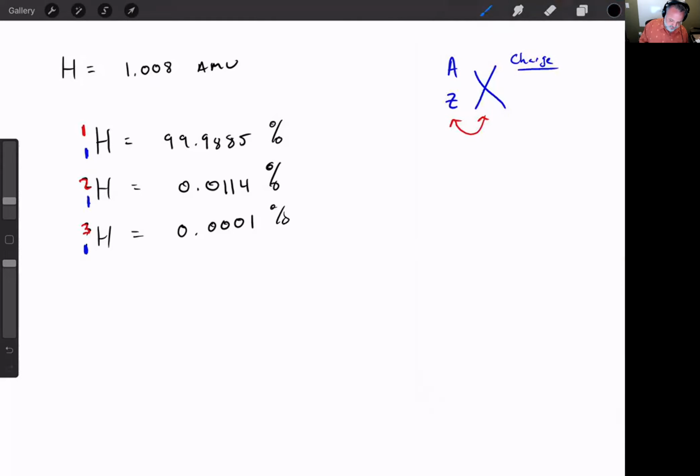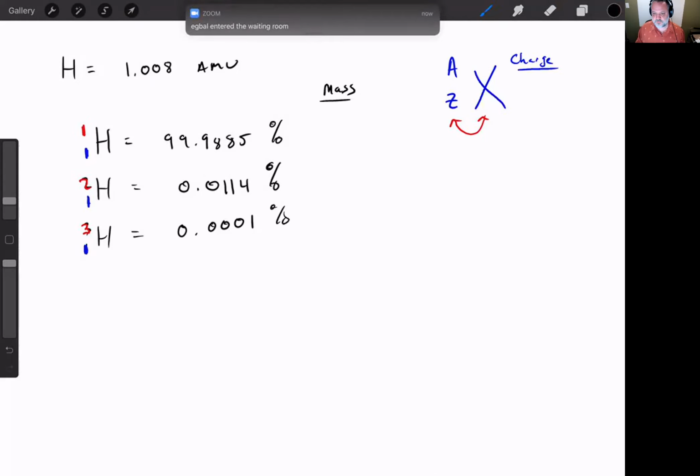And so how do I calculate this average mass? Now let's actually give you some masses instead of just using 1, 2, and 3. I want to actually give you the mass in AMU.